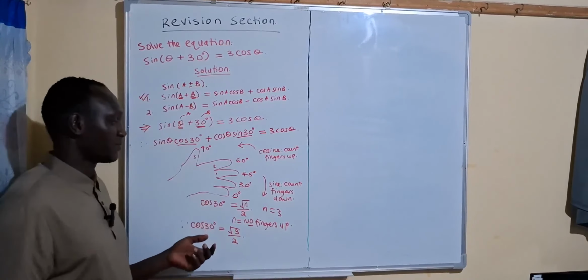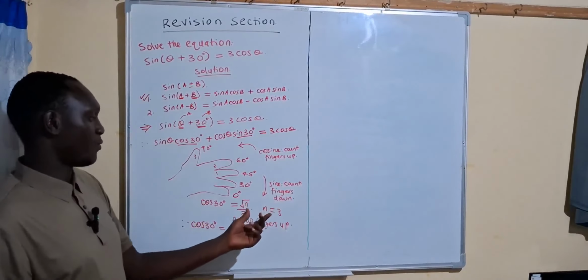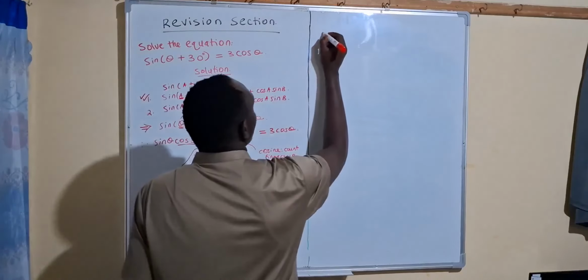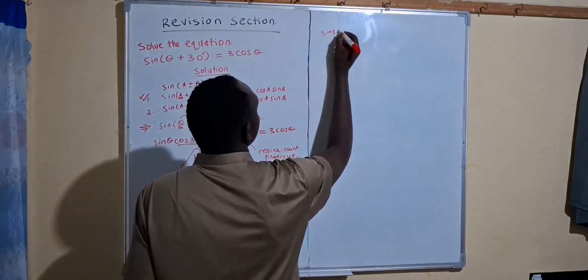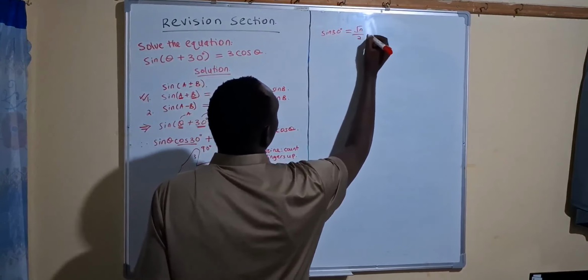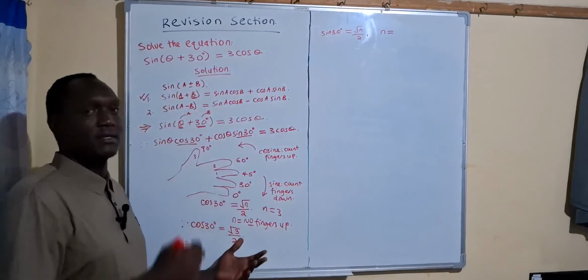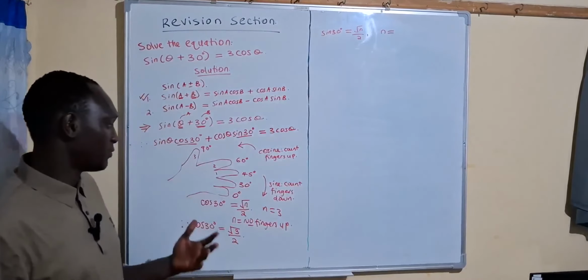What about the one for sine? We said that for sine we count the fingers below. So sine 30 degrees becomes root of n still out of 2, where n is the number of fingers below. Why? We are dealing with sine.